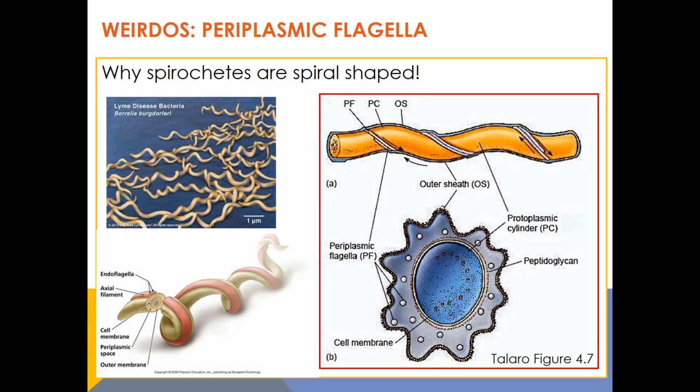Now, there are always weirdos in every case, and I mentioned to you that spirochetes and spirilla are shaped like corkscrews because they have periplasmic flagella.